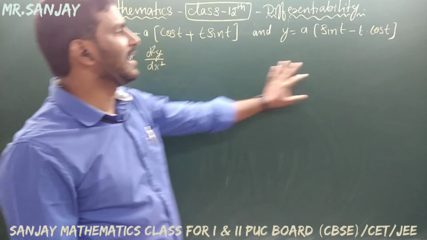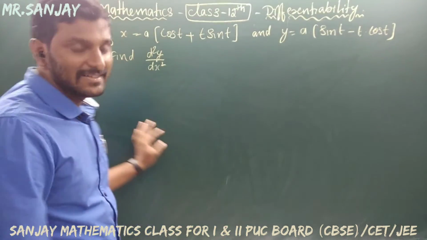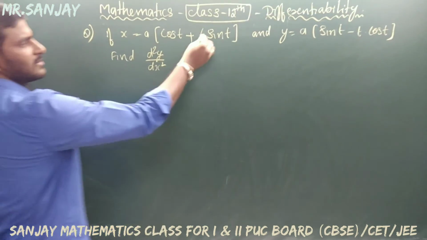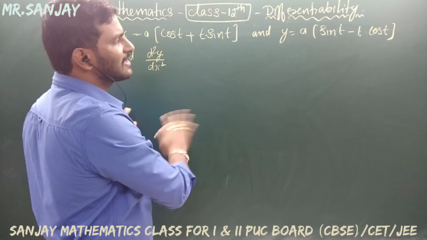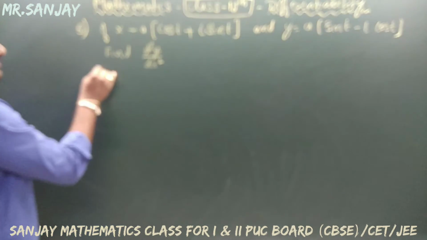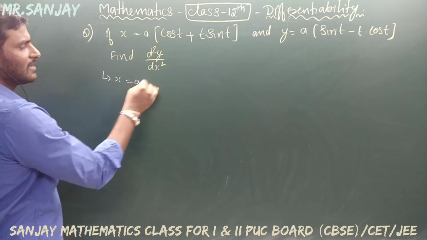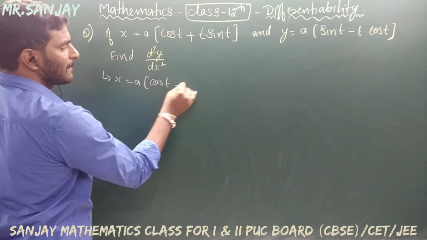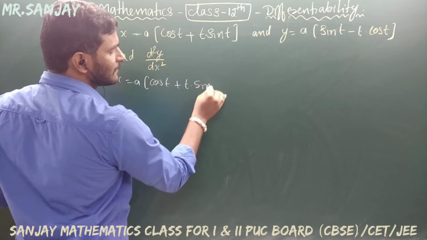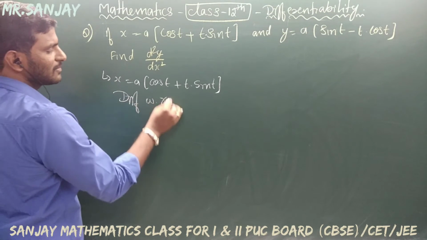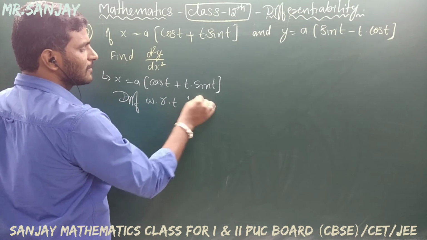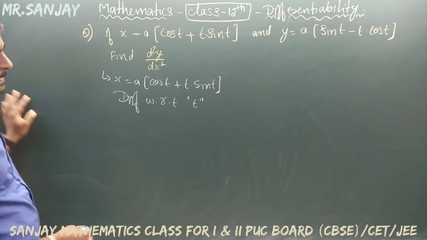Okay, so product rule have to use. Okay, this is a parametric question. So you just take the first function, x is equal to a into (cos t plus t times of sin t). Differentiate the function with respect to t.